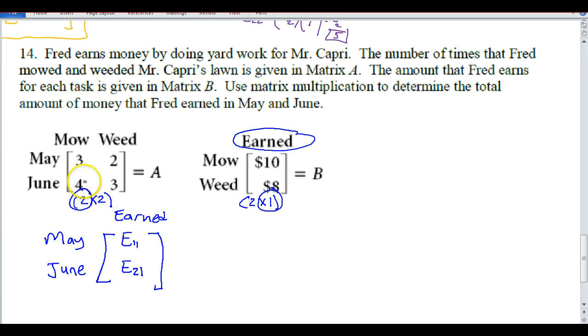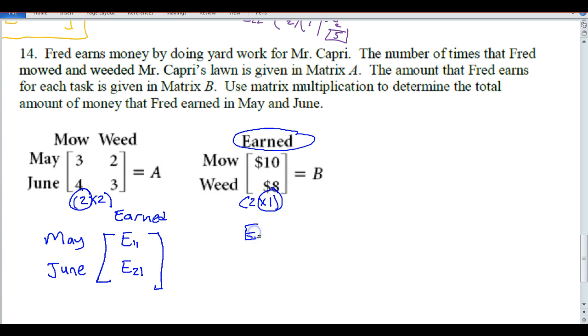Okay, that's how it goes. When you multiply matrices in a real world problem, the rows come from the first matrix, in terms of what they are, May, June. The columns come from the second matrix. In this case, how much is earned. So let's go around and find each of these things.